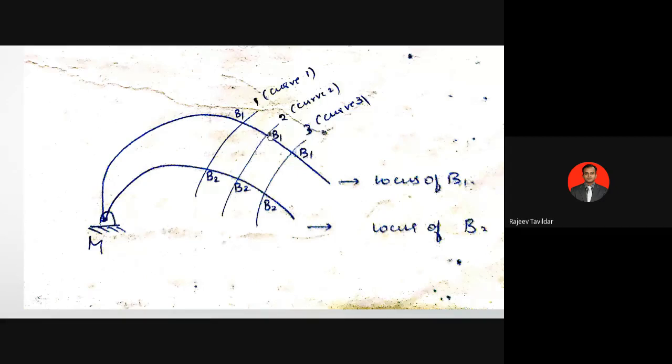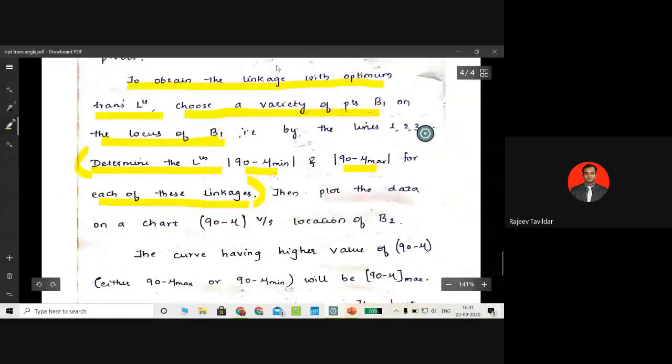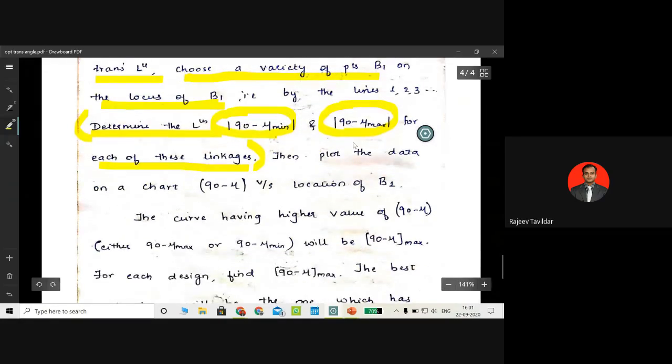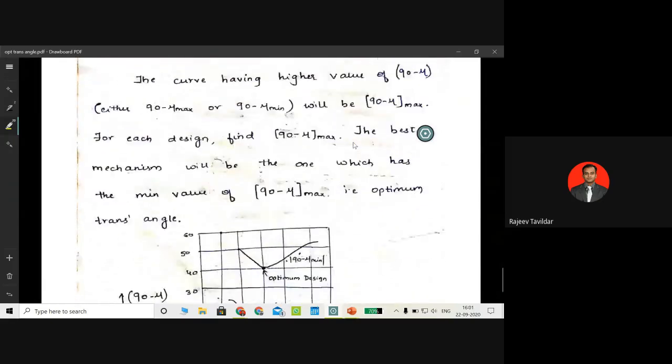For this position of B1 and B2, I need to find out again 90 minus mu max determinant and 90 minus mu min determinant, and keep on repeating this for all the curves. Once you have found out these two angles, 90 minus mu min and 90 minus mu max determinant, for each and every curve, then we are supposed to plot a graph.